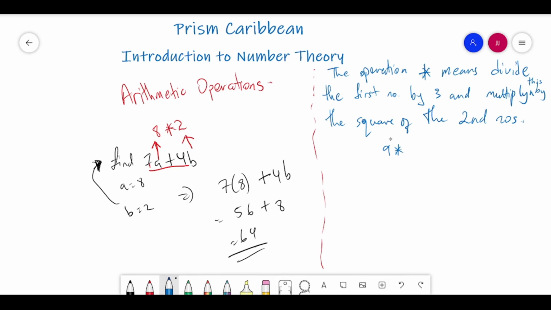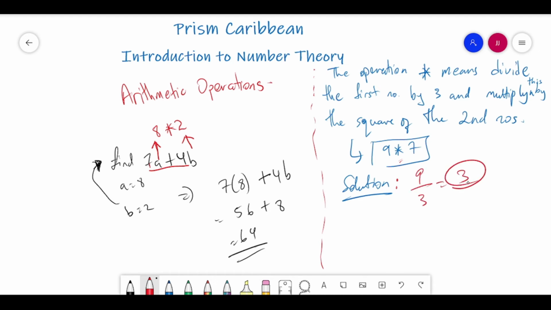So this is the question. The solution, of course, is as simple as following instructions. They said the operation star means divide the first number by 3. So we take the 9 and divide it by 3, which of course gives 3.